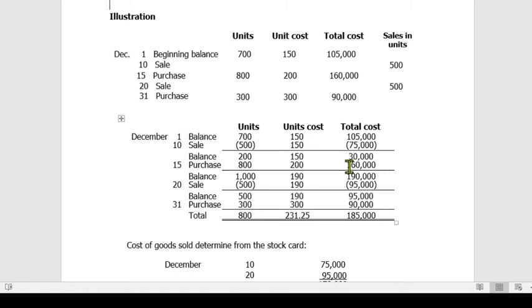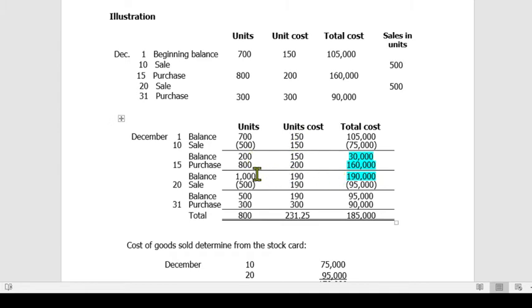When you purchase, you have to add the total cost. Please take note of this kasi baka malito ka. Dapat ang unang procedure na gagawin mo is to add the total cost. Kasi itong 190,000 will be used in computing for your unit cost.